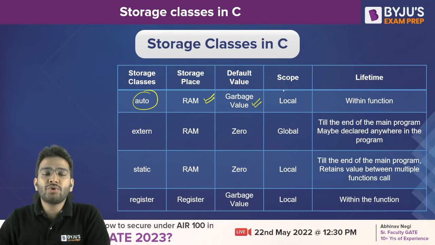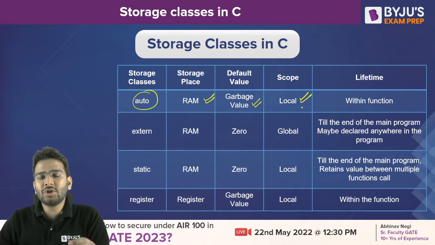And if I talk about the scope, the scope will always be local for this auto variable. Local means that suppose you are declaring that variable inside a function. It is going to have its scope just within that function or that block. And the lifetime is going to be within the function.